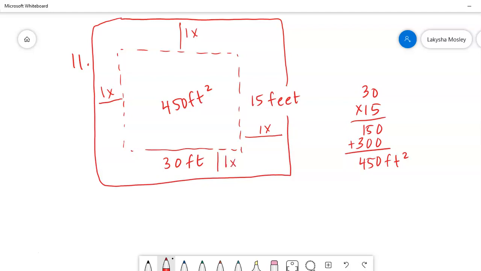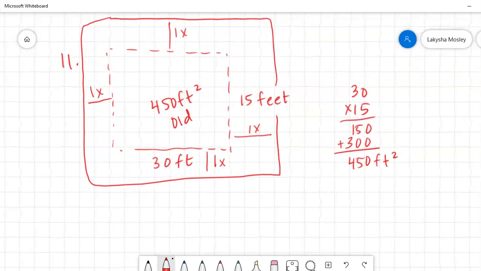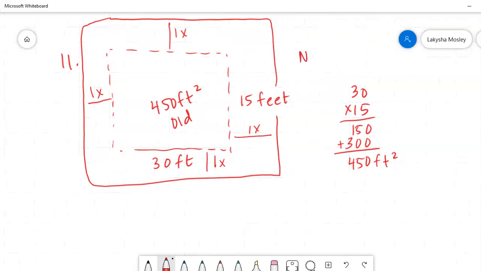I'm going to read that one more time. The dimensions of the new stage were created by adding the same distance x to each side of the old stage. Remember, this is the old part, and then the new. We know the new is a total of 1,000, and since it's a rectangle, the new area is equal to 1,000 feet squared.